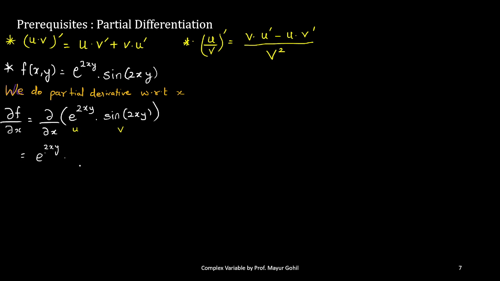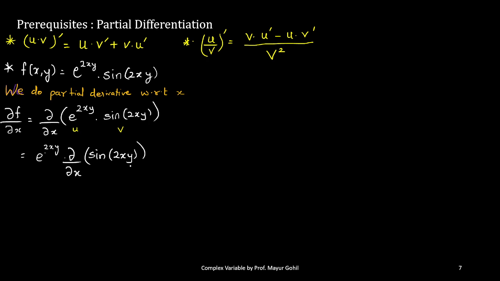V dash means the derivative of v, but we are taking partial derivative, so we will say derivative of v with respect to x. So that is going to be partial derivative over here, right? Partial derivative of v with respect to x, and instead of v we have sine 2xy.